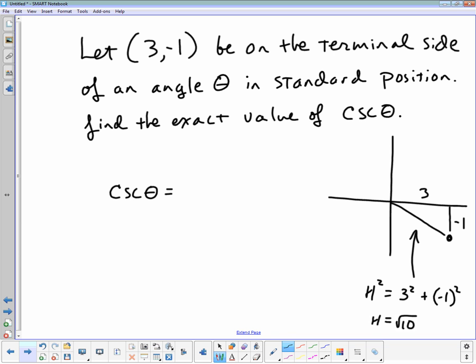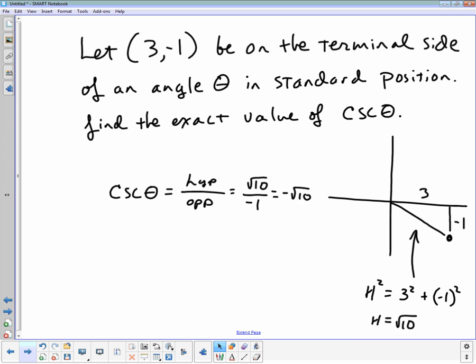And the cosecant is the reciprocal of sine. And the sine in this case is, well, sine is opposite over hypotenuse. So this is hypotenuse over opposite. Not really difficult, especially after you draw a picture.